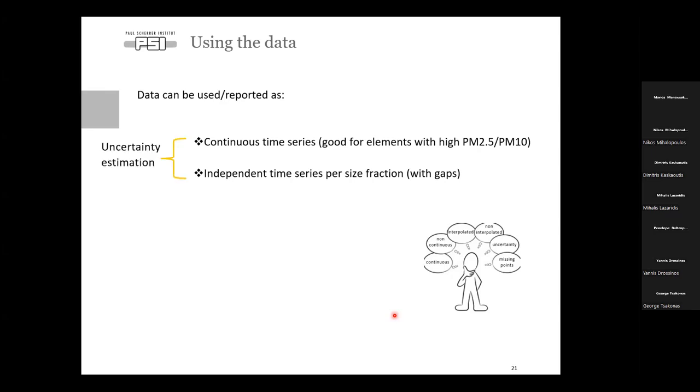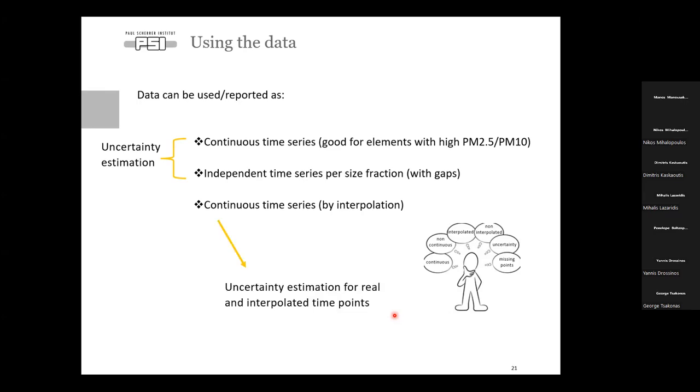And of course, the uncertainty needs to be estimated differently depending on how we treat them. Or we could, in theory, report them as continuous time series, but then we need to find a way to do interpolation and fill the changing inlet. The uncertainty estimation in this case is not uniform for the entire data set, because in the same data set we have real measurements and interpolated measurements, with different uncertainty for each point.